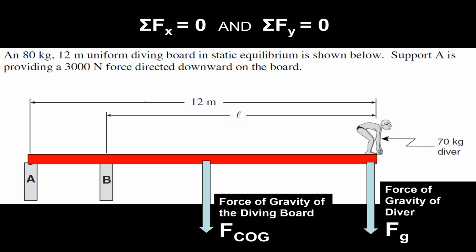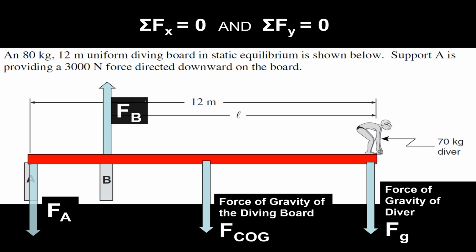And in the question above, it says support A is providing a 3,000 Newton force directed downwards on the board. So there's a 3,000 Newton force, a force A, on the left-hand side there. There's one more force there, it's B, and B is pushing up on the board. And we'll label it. Now I'm going to hide everything.